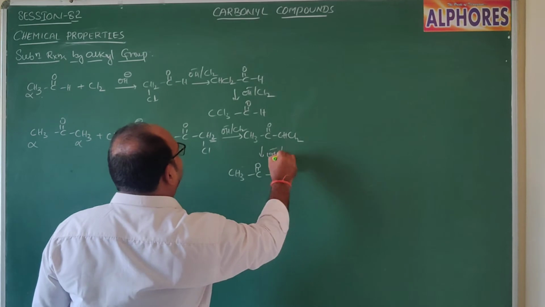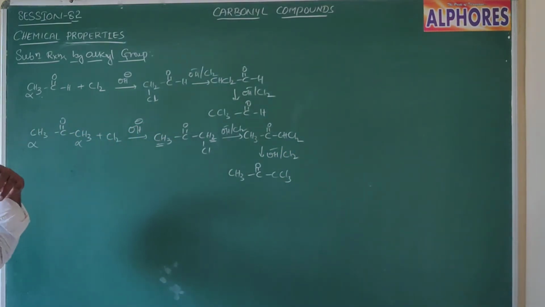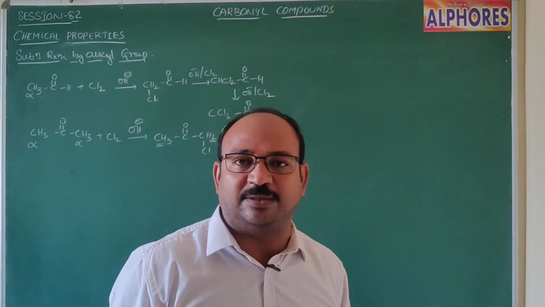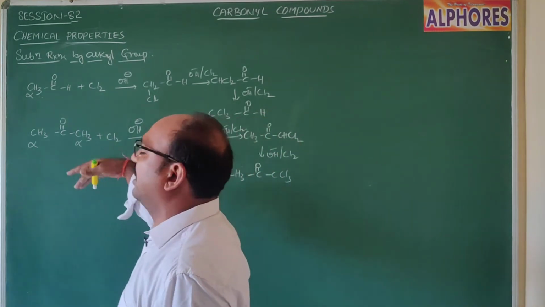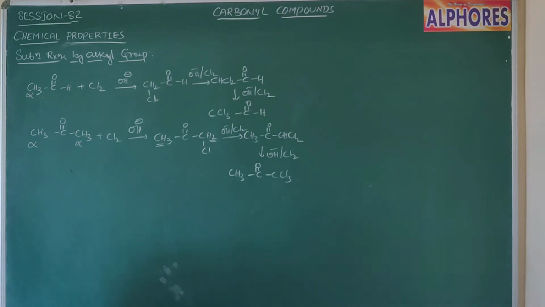And this type of reaction you already learned. If you recall, in halogen derivatives, trihalogen derivatives, the haloform reaction. In the haloform reaction, we learned the replacement or displacement of alpha carbon hydrogens with halogen atoms.